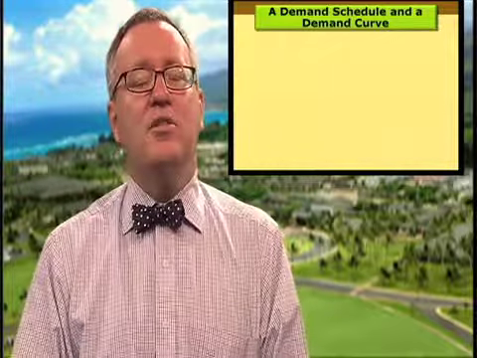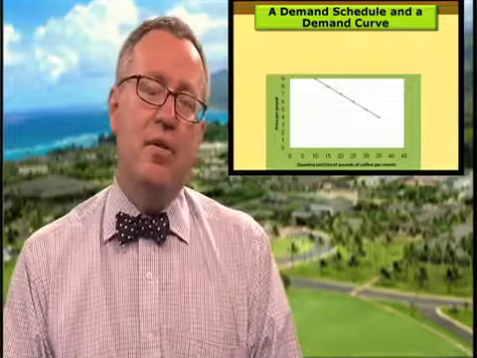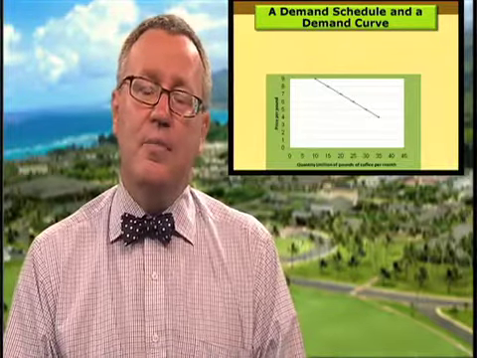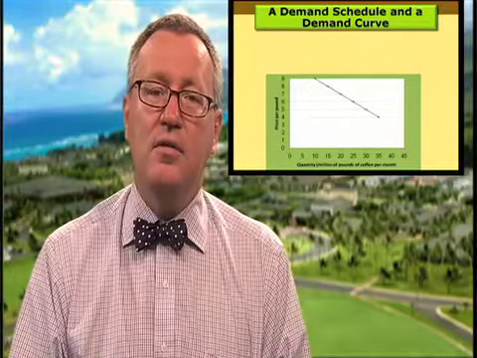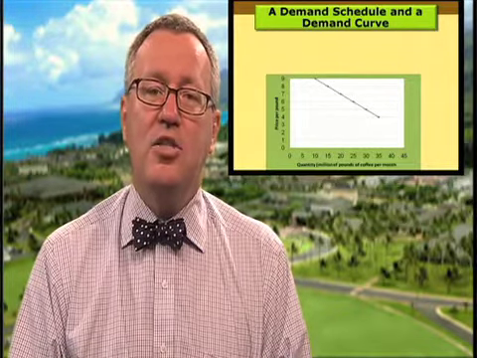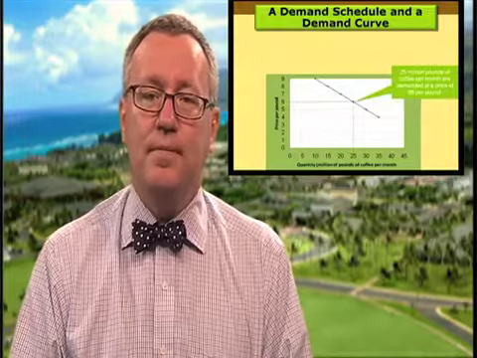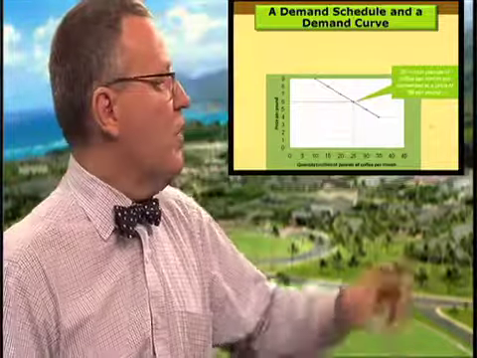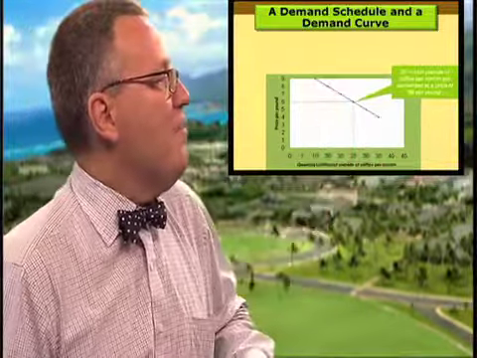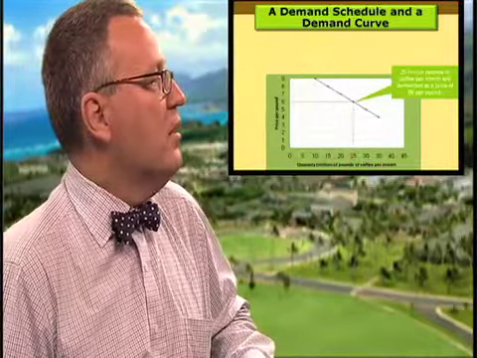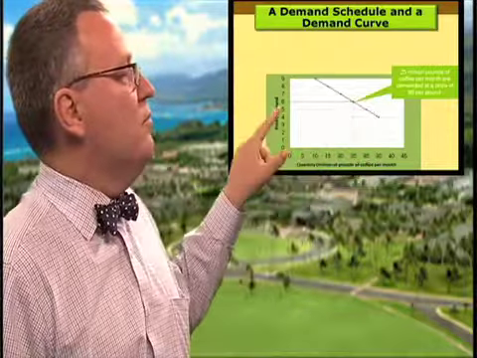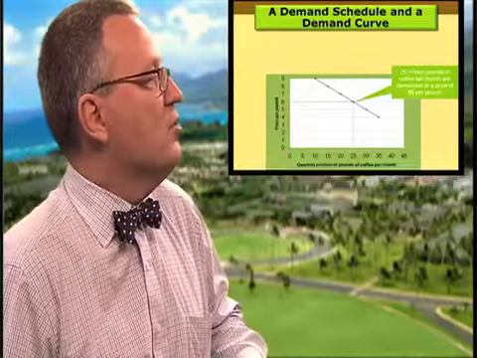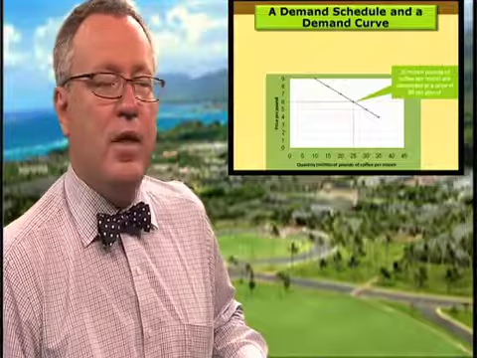Let's talk about a demand schedule and a demand curve. This is an example of a demand curve. A demand curve is just a line that reflects the relationship of the law of demand. A demand schedule is just a table. So in this curve, what we see is that 25 million pounds of coffee per month are demanded at a price of about $56 per pound.